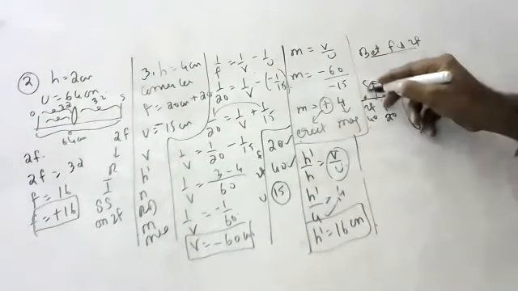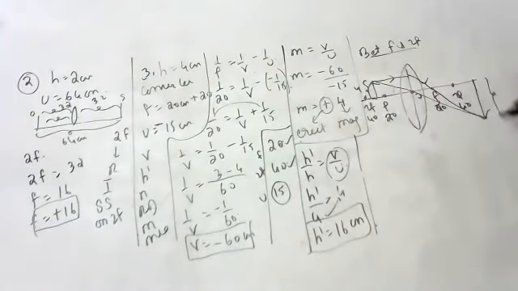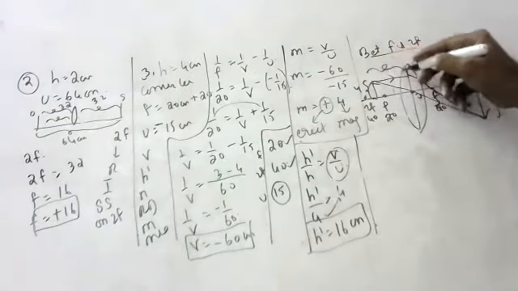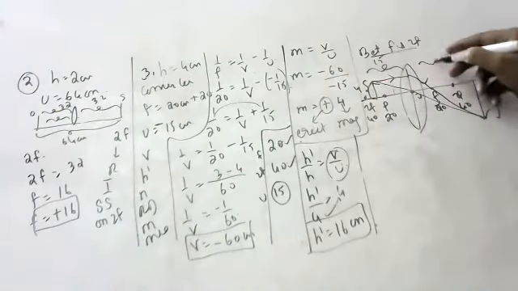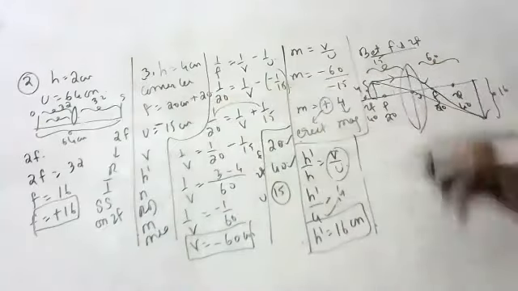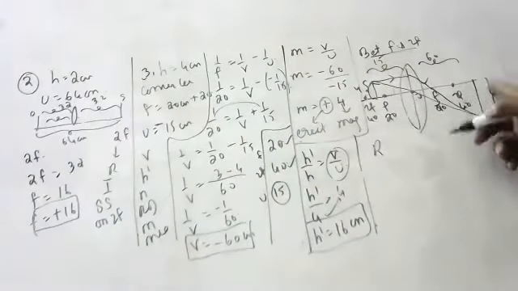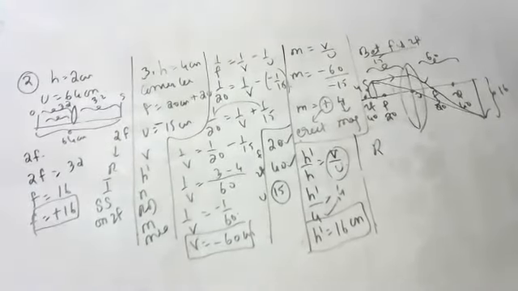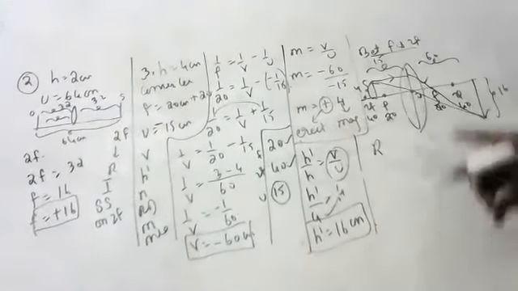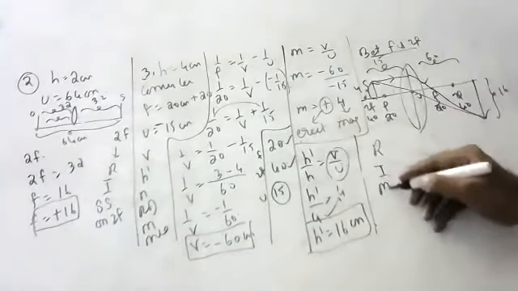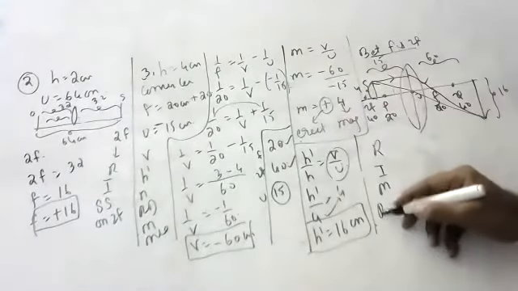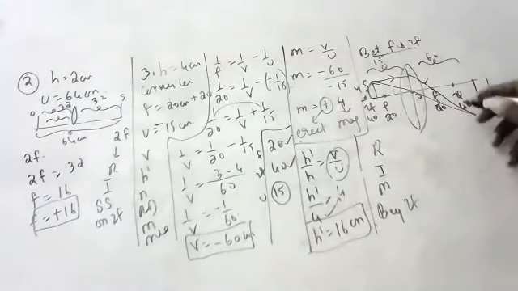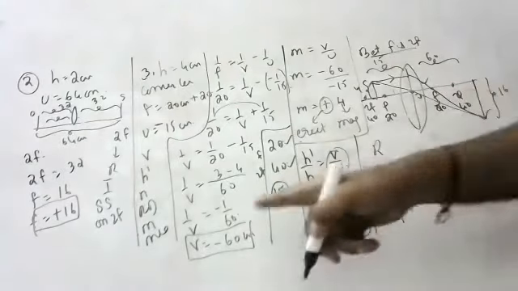Object size was initially 4, later it became 16. Object distance was 15 and image distance became 60 centimeters. So what are the characteristics? Real, because it came on this side. Inverted, because it is below the principal axis. Magnified, because 4 became 16. And formed beyond 2F, because 60 is after 40.